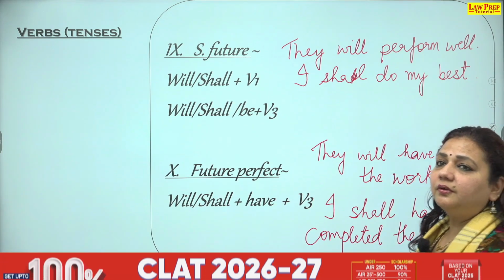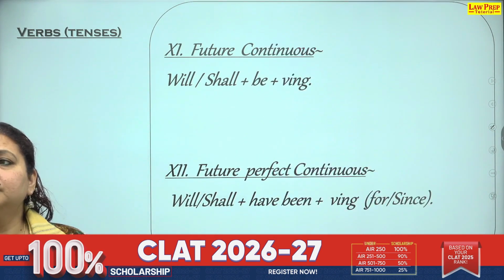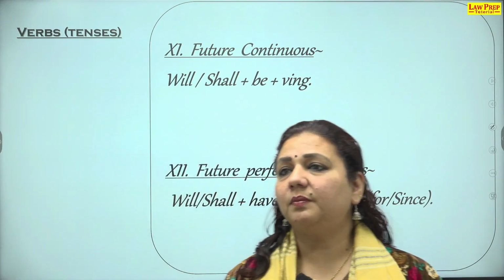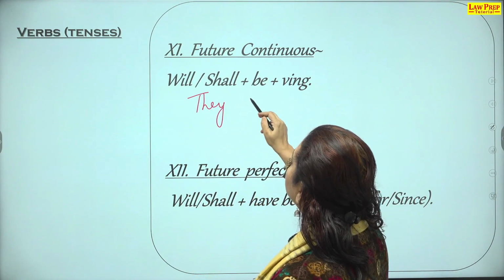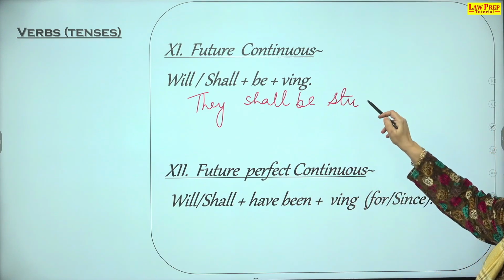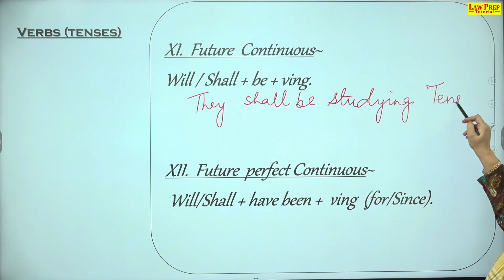Right, so this is future perfect tense. Moving on to future continuous: will, shall plus be plus verb ing. For example, they shall be studying tenses. That means an action which is going on in the near future.